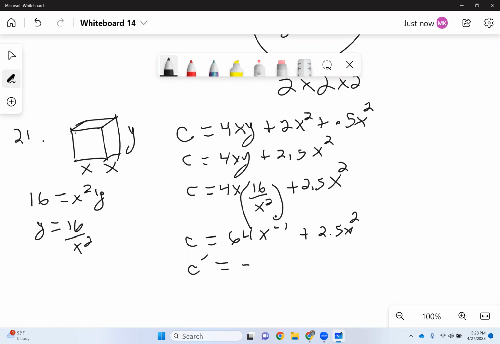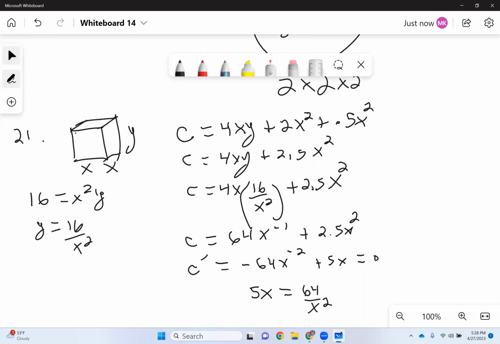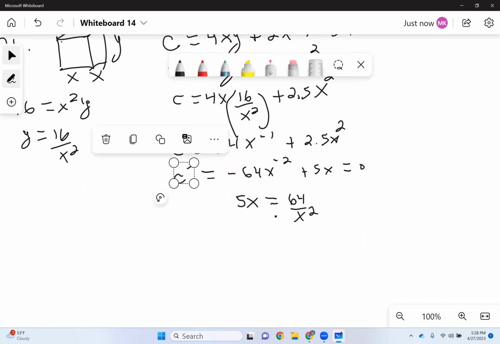The derivative would be negative 64x to the negative 2 plus 5x. Set that equal to 0. Let's add 64x to the minus 2 to both sides. We have 5x equals 64 over x squared. Let's multiply both sides by x squared.